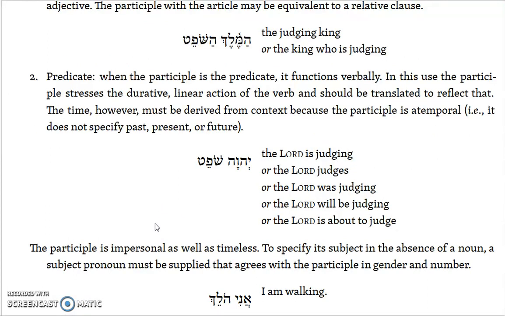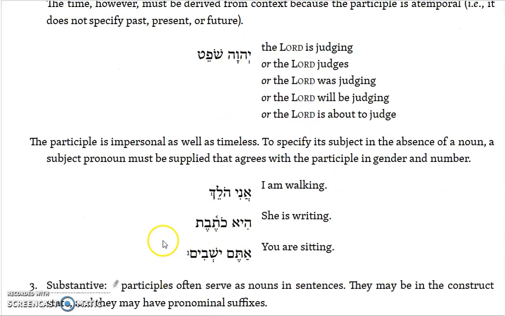Now, you can put independent personal pronouns with this. And so the singular pronouns, like ani, you could take halak, to walk, and the participle is holek. So ani holek means I am walking, which, by the way, assumes that I am a male. If you were a female, it would be holeket.